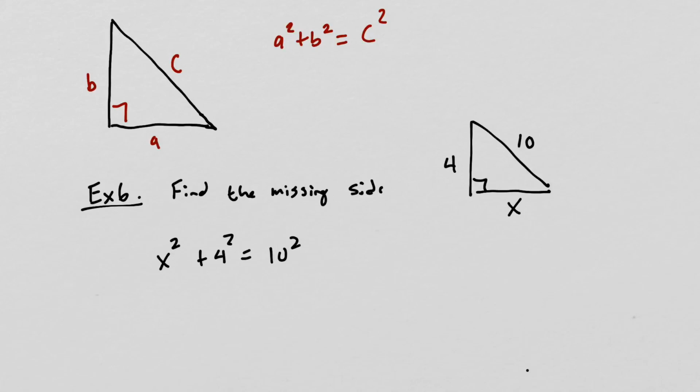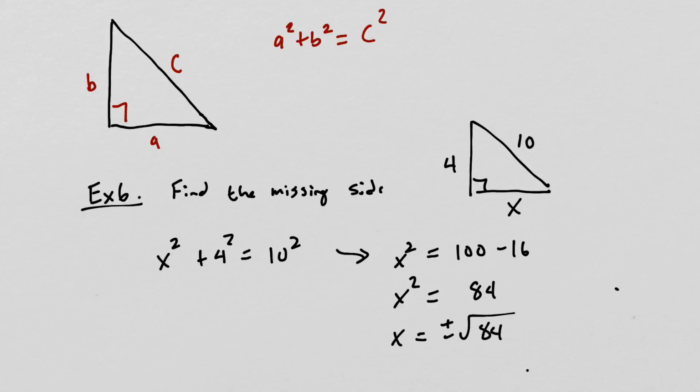Subtracting 4 squared from both sides, we get x squared is equal to 100 minus 16. Then x squared is going to be equal to 84. x is then equal to plus or minus the square root of 84. Since our triangle doesn't have any negative sides, what we're left with is x is equal to the square root of 84.